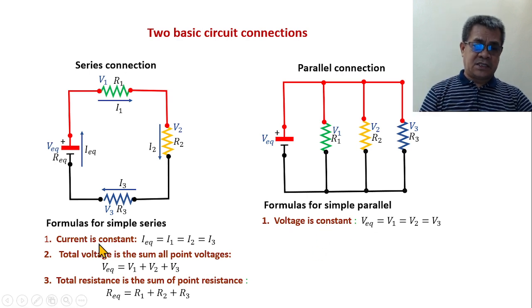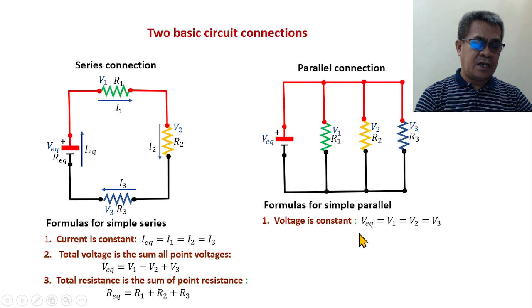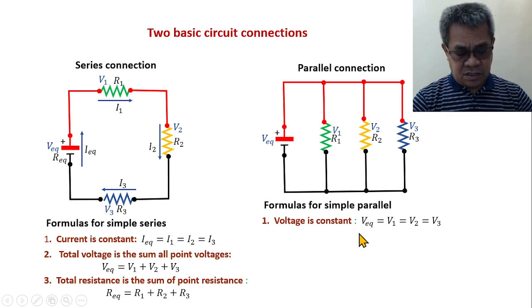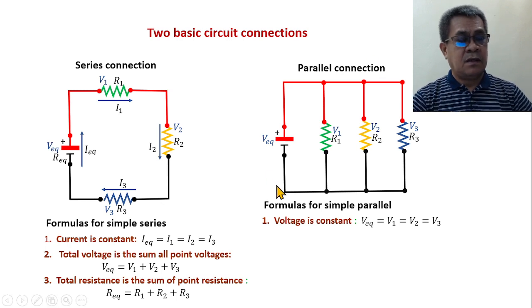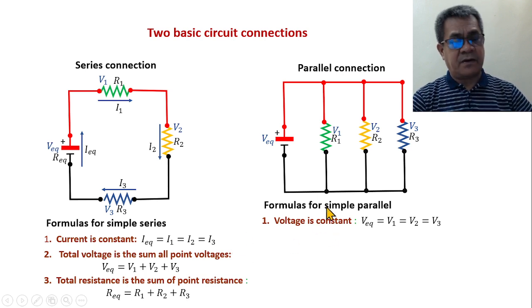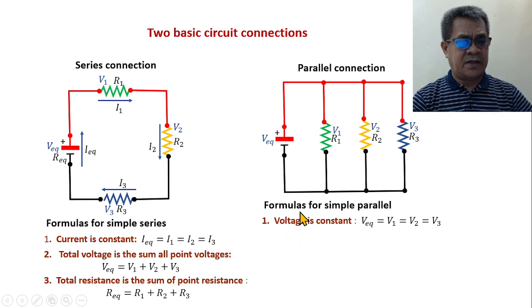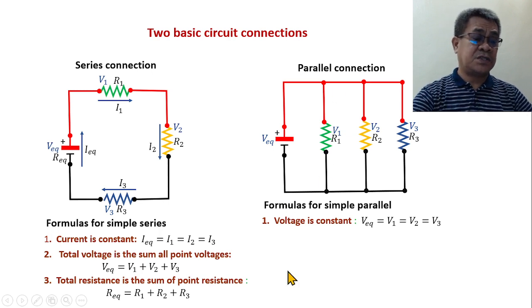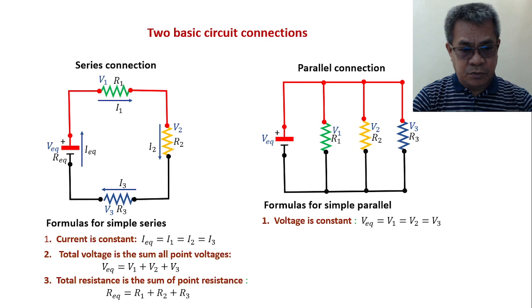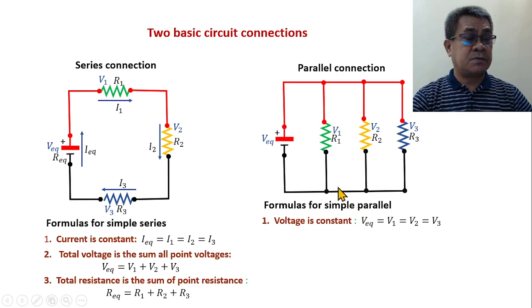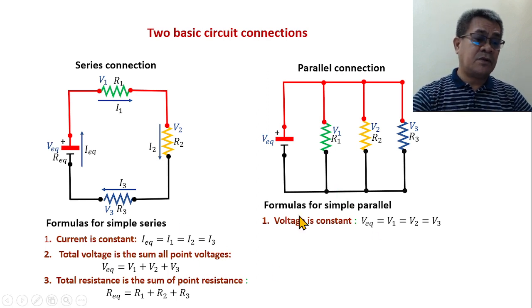Well, if in series the current is constant, in parallel, voltages are the same. Now, why? What do you think? What is the proof, one of the evidences that shows voltage in parallel is constant? Now again, you have to recall our previous experiment, the voltage of a simple cell.